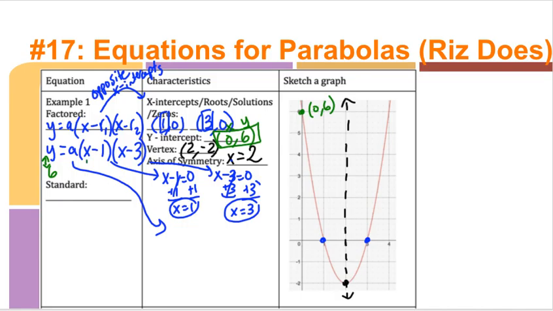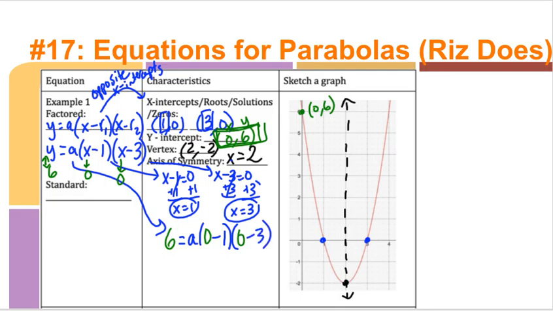And instead of the x's, I'm going to write zeros. And that's just coming from this point right here, (0, 6) in green. So I'm going to write 6 equals a multiplied by (0 minus 1) multiplied by (0 minus 3).